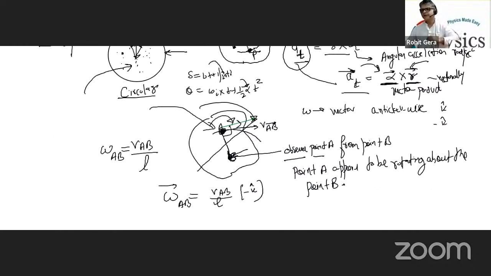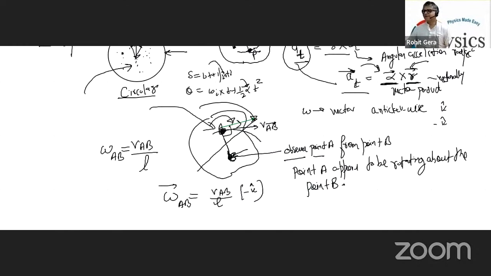Okay, the point is, we take 2 points on a rigid body, and then we fix one point and study the other, which means we are actually doing a relative motion study. Now, we're transferring the velocity.